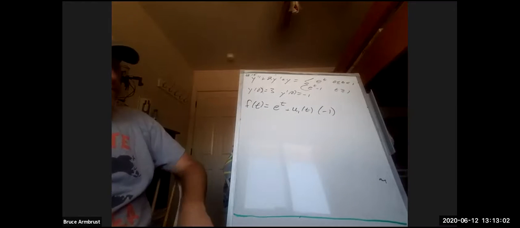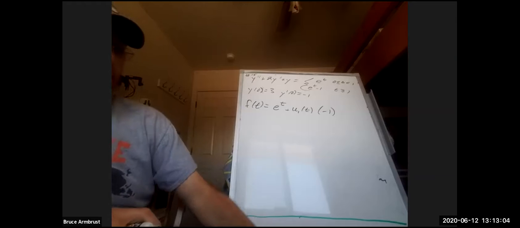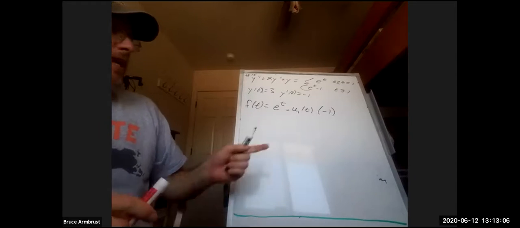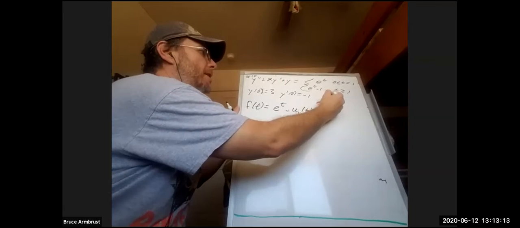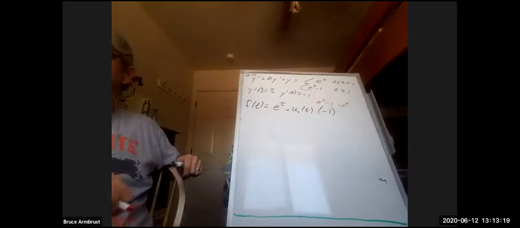And really what we have to turn on is just negative 1. This is one that I wouldn't actually go through all the steps to get. I just go, it's just minus 1, because that's all we're doing is taking away 1. But you can think of it as this, we're turning on e to the t minus 1, and we're turning off e to the t.